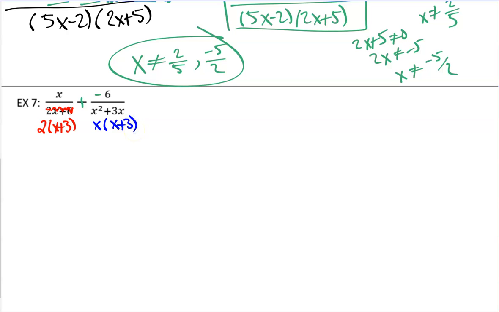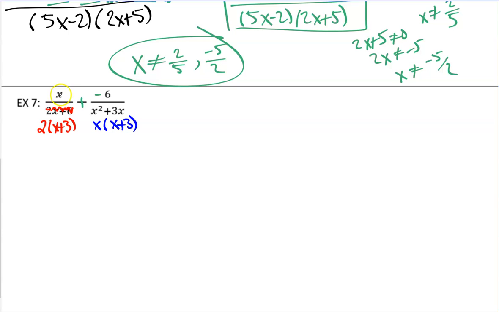All right, so what are all the different factors? It is 2, x, and x plus 3. Notice they both already have the x plus 3. My first piece is missing an x. My second piece is missing a 2. Remember, you're trying to bring in the missing piece to make them exactly the same.